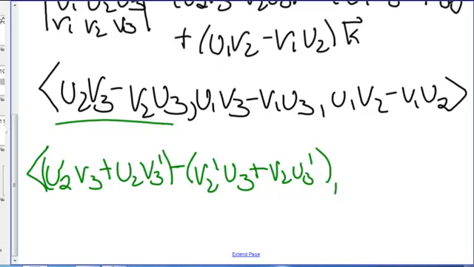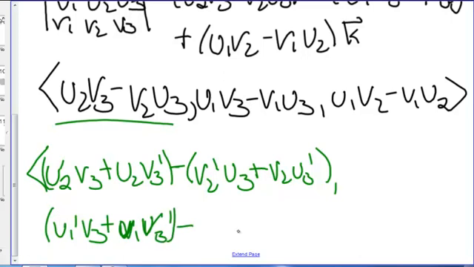We get u1 prime v3 plus u1 v3 prime minus the quantity v1 prime u3 plus v1 u3 prime.